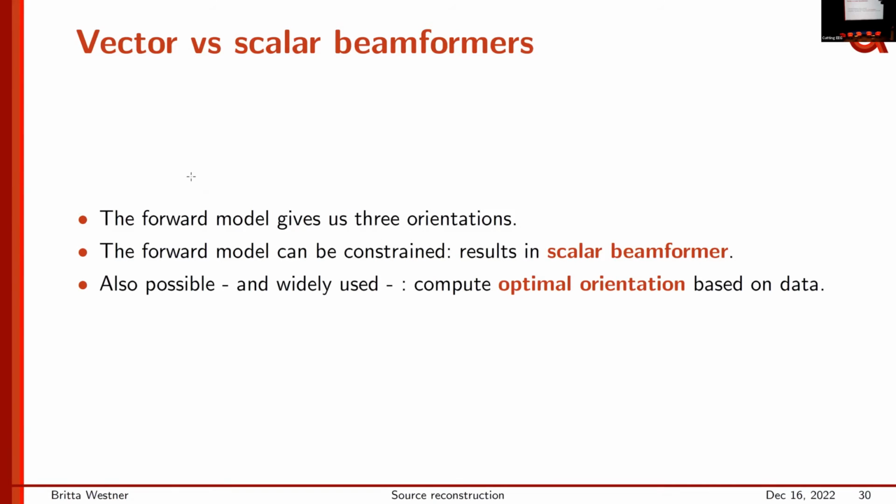What is widely used, and something, for example, I use, I think, almost exclusively, is to make this one orientation the optimal orientation. And that is a way to basically compute which orientation the dipole was most likely pointing at given the data, and to align the forward model with this orientation to give you the optimal reconstruction of your data.